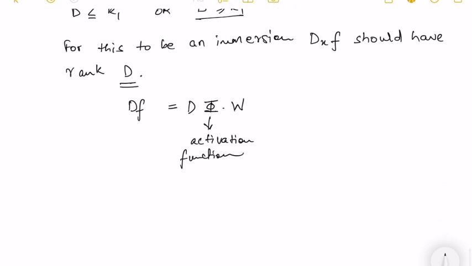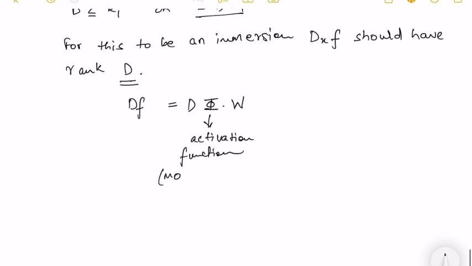Now, one thing that we have to note is that all of these activation functions that we've seen in neural networks are generally monotonically increasing, right? So, because these are monotonically increasing, the rank calculation for this function comes down to just calculating the rank of W, right?